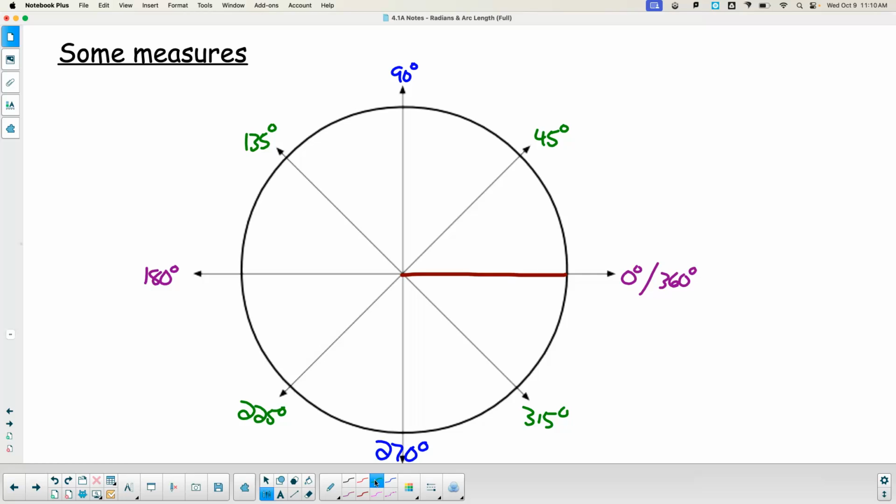Mathematicians then go and throw in something else. And that something else is called a radian. Okay? Now a radian is very important. And so what we're going to spend some time today doing is developing what a radian is, the concept of a radian.